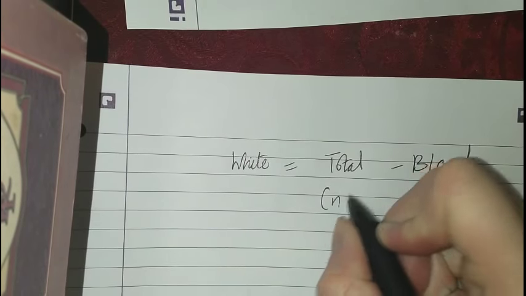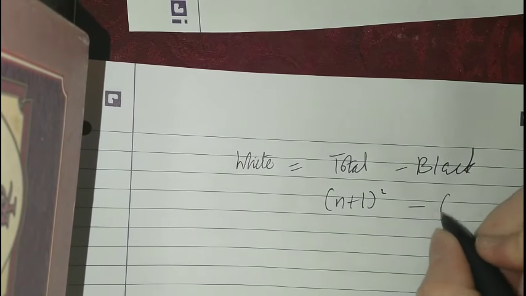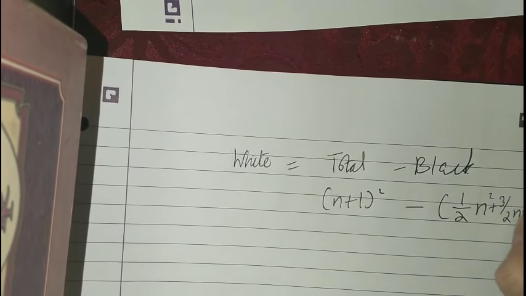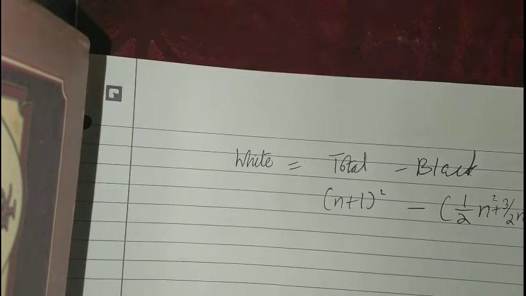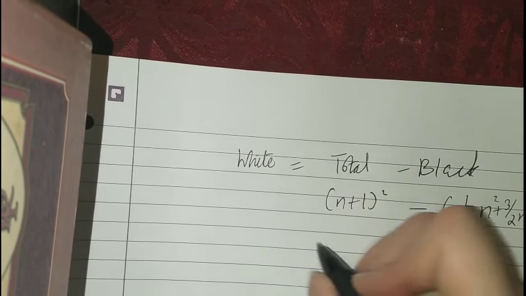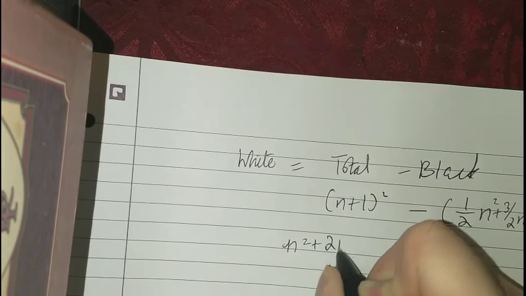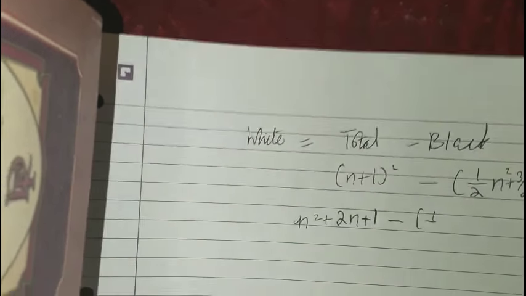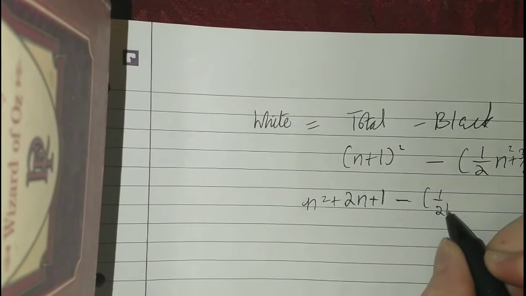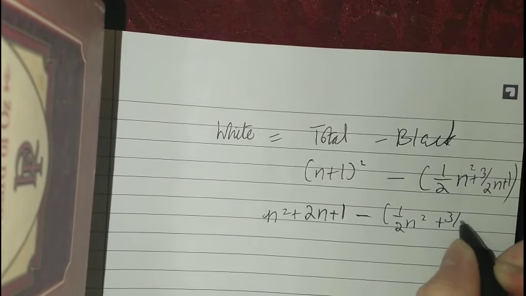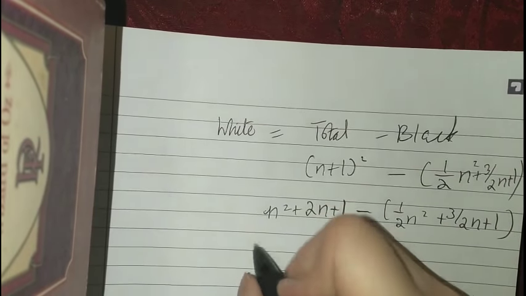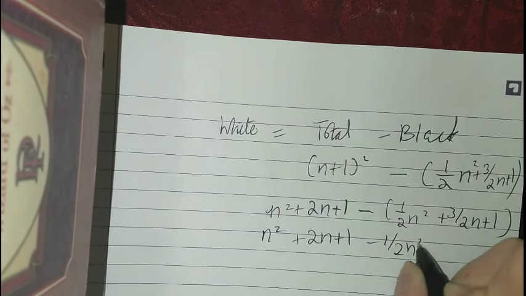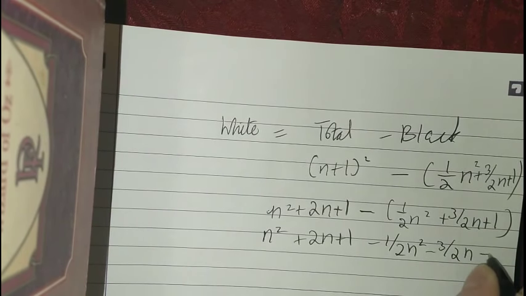So the total we got was n plus 1 squared, and that's minus the number of blacks, which is a half n squared plus 3 over 2n plus 1. If we multiply this out, which we already did, we get n squared plus 2n plus 1 minus a half n squared minus 3 over 2n minus 1.